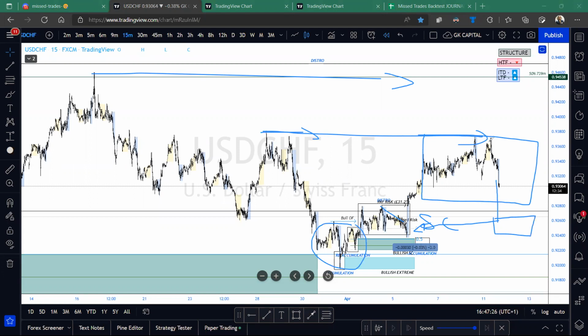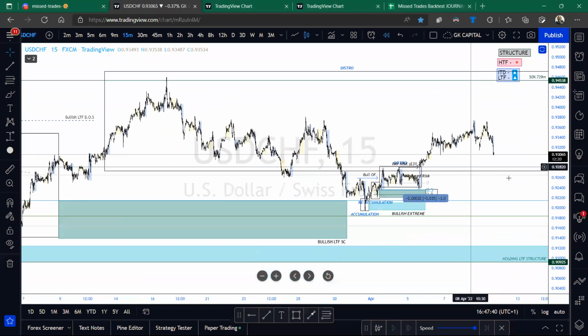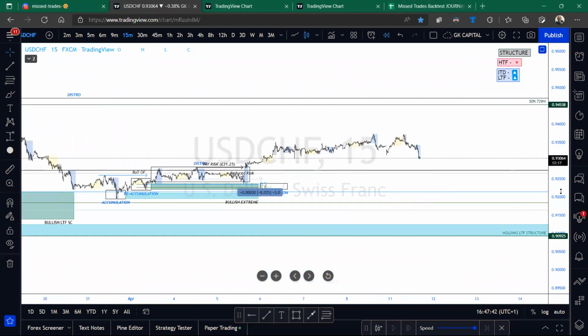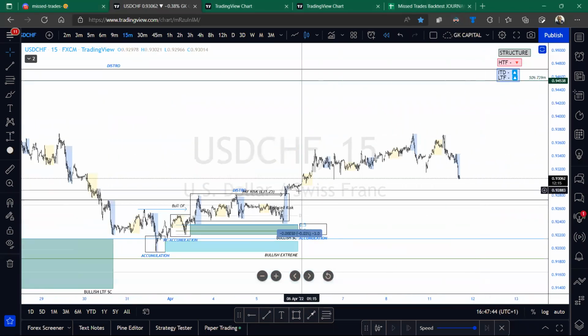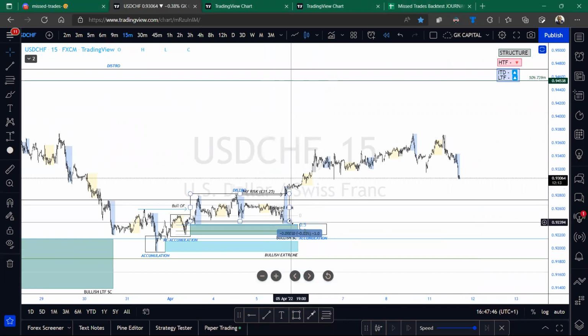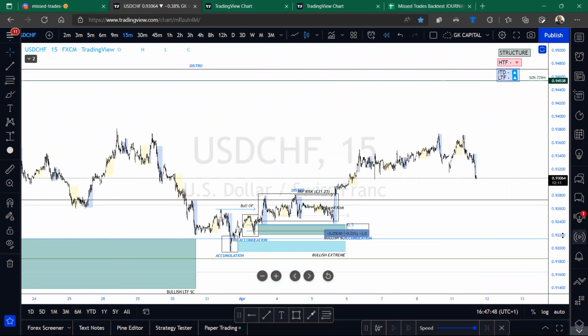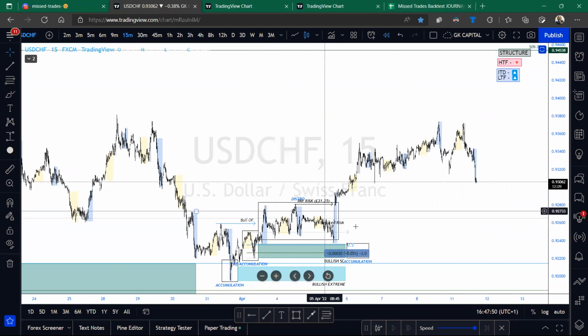If not, then either wait for this to break or this to break, which I don't see why it is, because we tapped into a lower time frame slingshot. But then again, we could come back into the extreme, which for me is all good because I'll be waiting for it. Okay, so this is the end of week. Close to 10-1 missed trades, unfortunately, but definitely teaches us a good lesson in that.